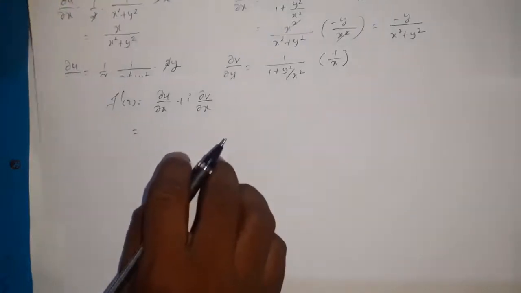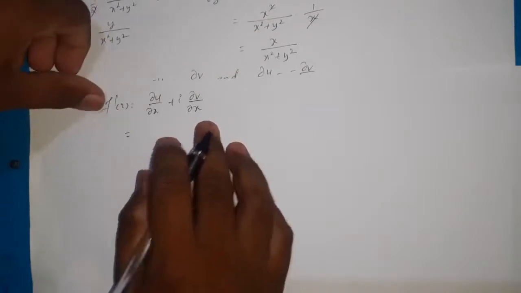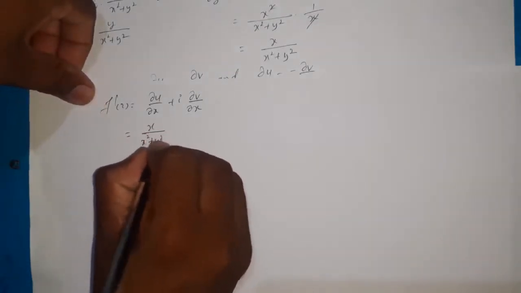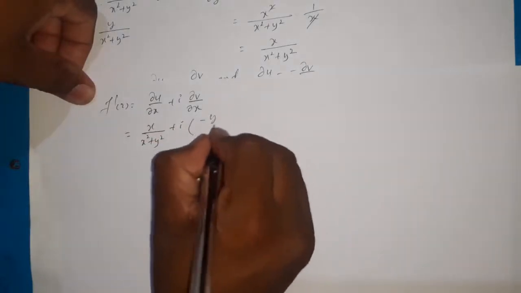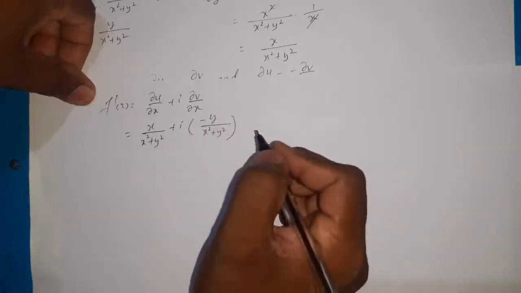So here we know that ∂u/∂x is x divided by (x² + y²) plus i into ∂v/∂x, which is minus y divided by (x² + y²).